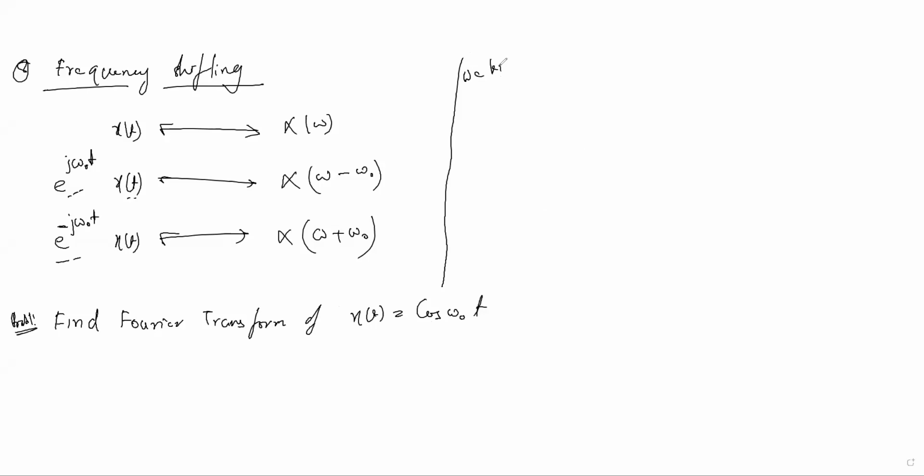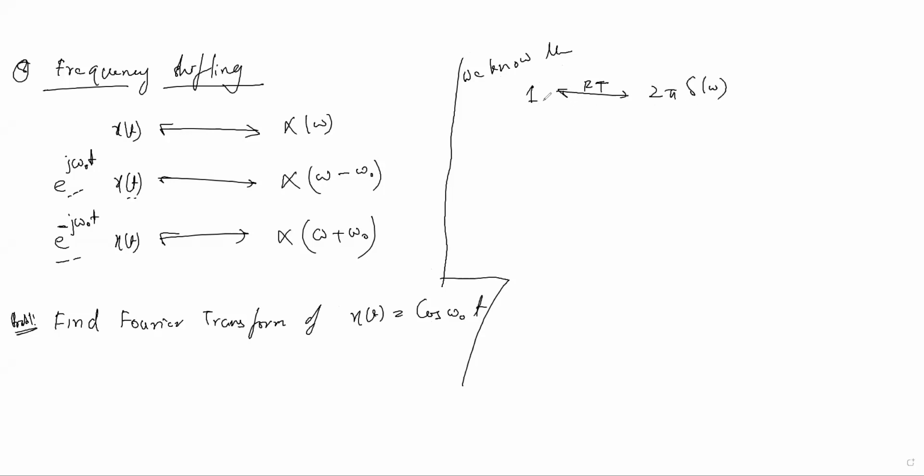We know that 1 has a Fourier transform. How much? Can anybody say? The Fourier transform of the constant signal 1 is 2 pi delta of omega. This thing you should know.